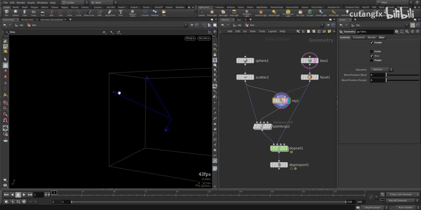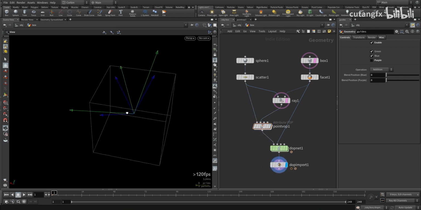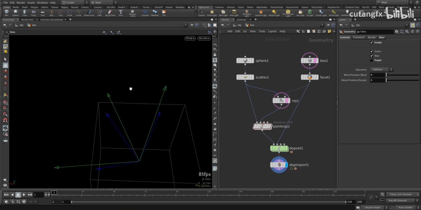I'm just using that as a vector to interact with here. So I'm keeping my original point position, the green, but I'm adding in the blue as an additional vector, and then we're using these two to calculate the purple vector. So let's have a look at what this results in. If we add these two vectors, so we've got our operation set to addition, then I'm sure you guys know what to expect by now.